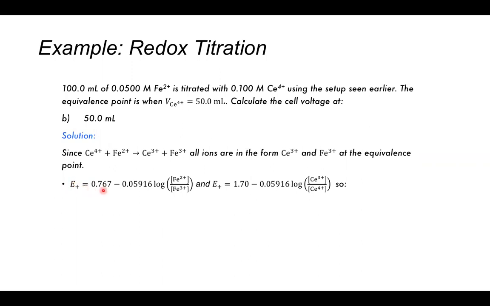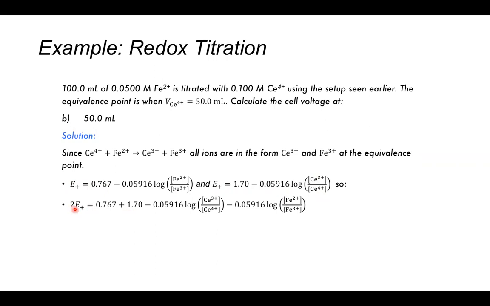What's happening is that this is the Nernst equation for the iron, and then the Nernst equation for the cerium is the potential at the reduction electrode equal to 1.70 minus 0.05916 log to the base 10 of the reaction quotient of cerium 3+ over cerium 4+. That means we now have to use both of them.